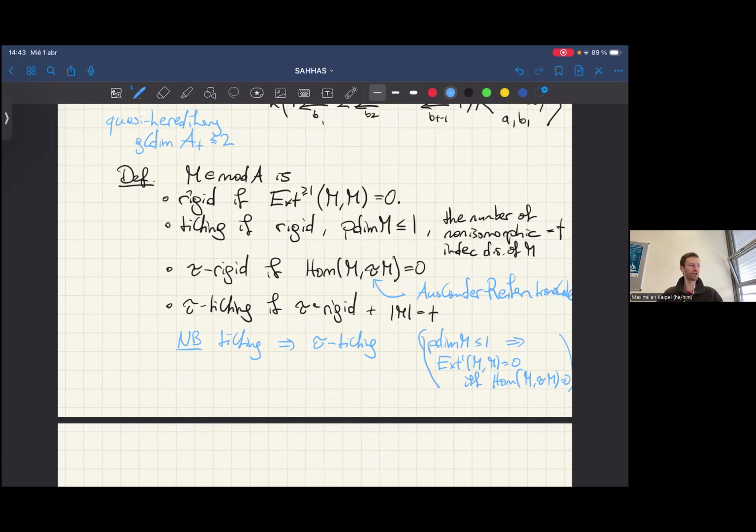And this general philosophy you can see throughout all of what is called tau tilting theory, as introduced by Adachi, Iyama, Reiten. You get a lot of classical concepts that behave very well for hereditary algebras, and then you put a tau in front of them, and they behave almost as well for general finite dimensional algebras.